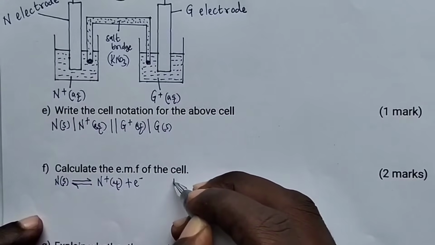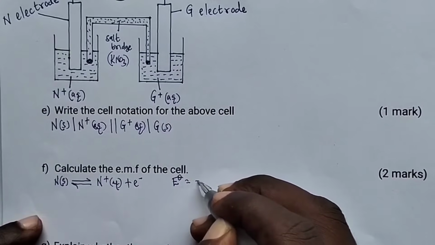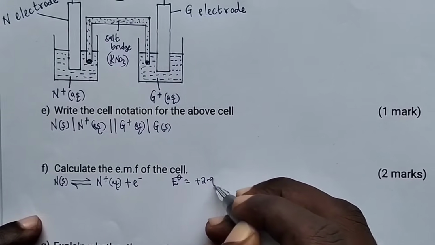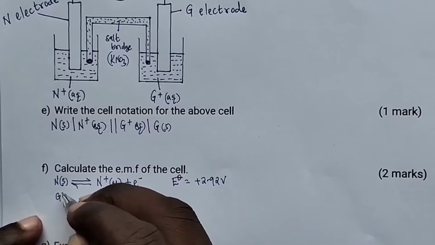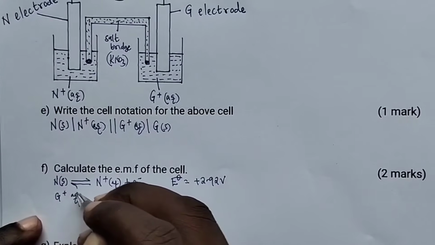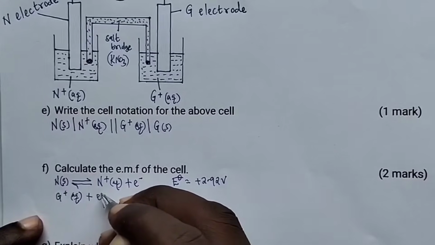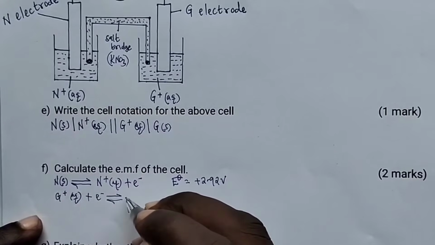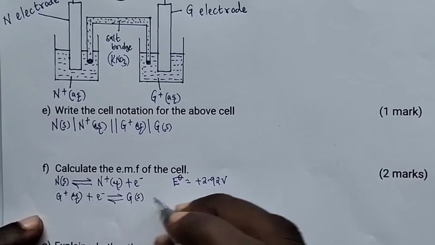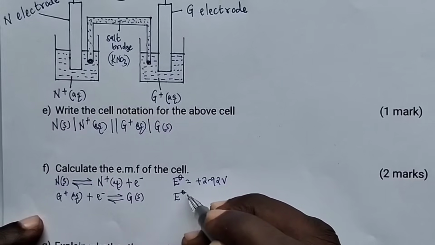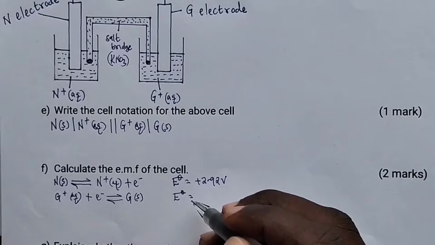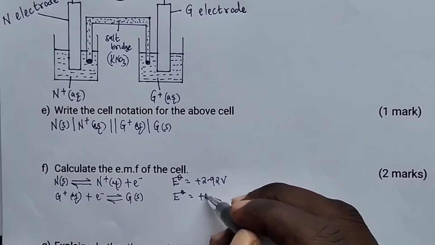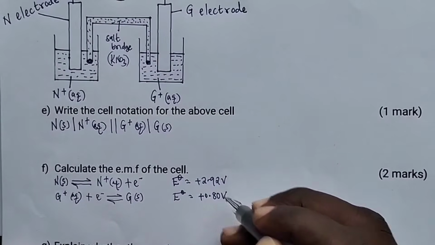Then remember the standard electrode potential also changes and it becomes positive 2.92 volts. Then the side for G remains the same. We are not going to reverse it. Then plus e, we have G solid. Then the standard electrode potential value here will still be the way it was, which is positive 0.80 volts.